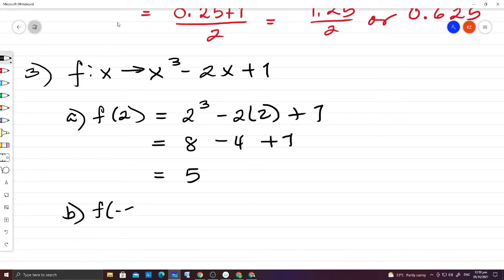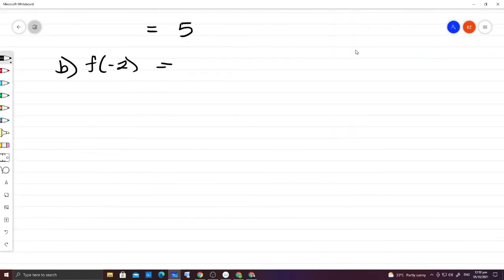f of negative 2. Yes, Mr. Okay. Tell me. Negative 2 to the power of 3, then minus 2 times what? Times negative 2, plus 1.